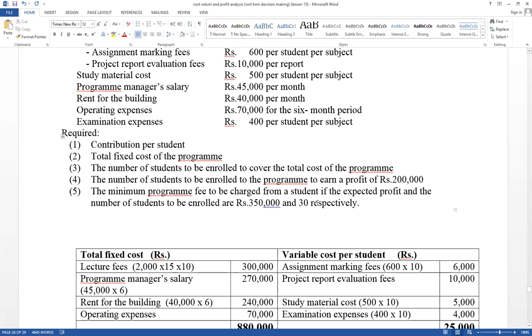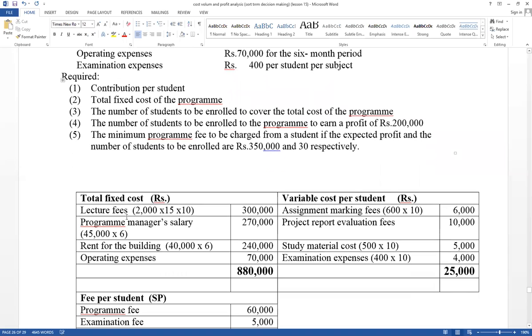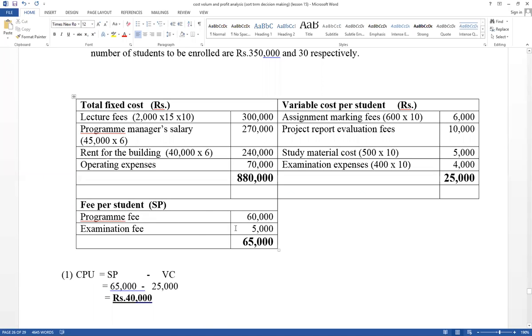That's the minimum program fee. We need this much profit, and 30 students participate. Think about the program fee as part of the selling price. Therefore, you have to calculate the new selling price from the beginning. Then from the new selling price, deduct examination fees.